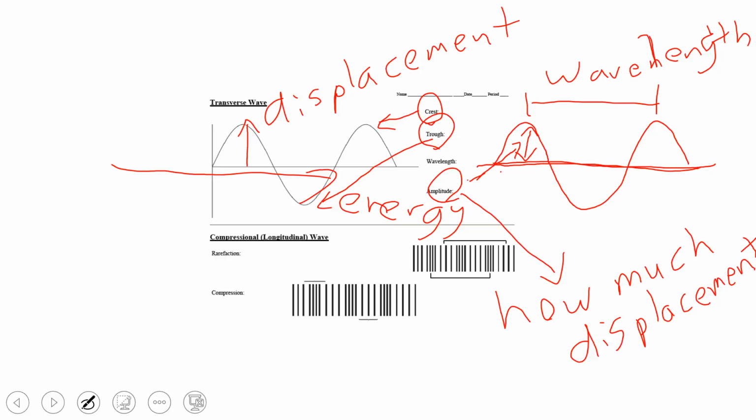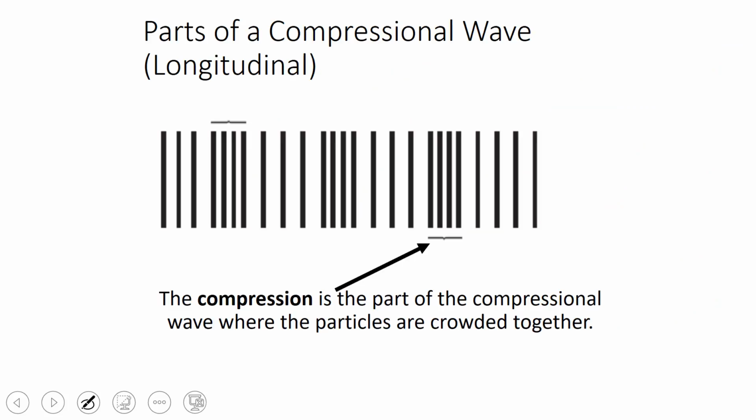And down at the bottom here, we have our compressional or longitudinal wave, but we'll come back to that in a little bit. Actually, let's deal with these compressional waves now, and then we'll go back to transverse waves. In compressional or longitudinal waves, you have some different terms than in transverse waves.